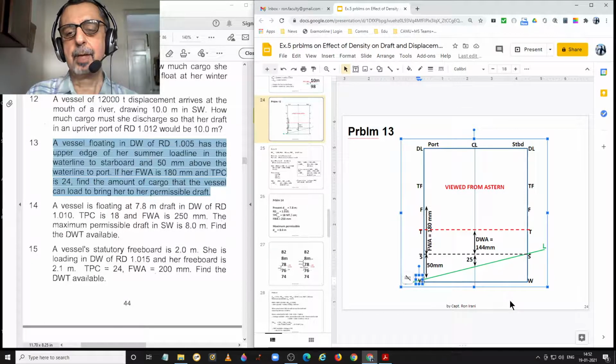I hope you have understood where the load line that matters is located. It is located on your center line. It is a virtual load line.